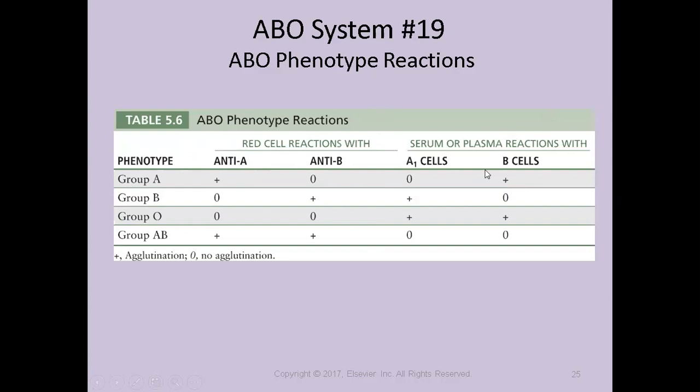When we have group B, they have B antigen, which should be detected with our anti-B. They should have anti-A, which is going to be detected by our A1 cells. Group O, we have no antigens, which means we should get reactivity with both A1 and B cells because they have anti-A and anti-B. Group AB has both antigens, which means no antibodies. Very important. Commit that to memory.